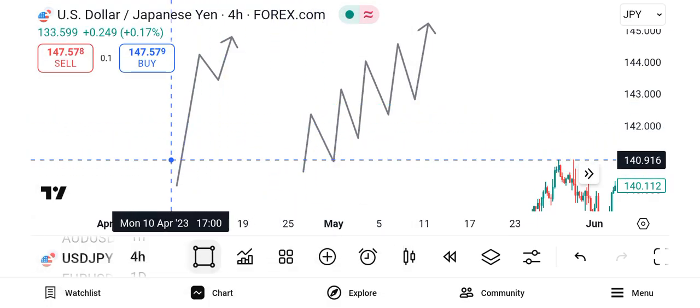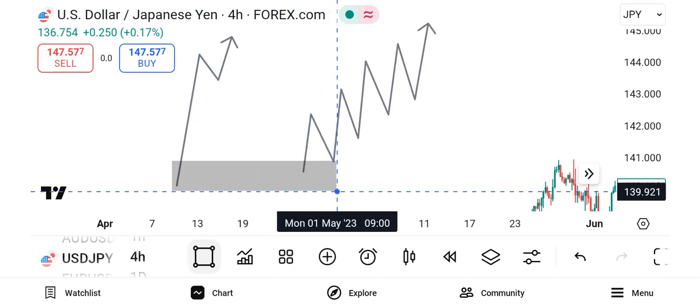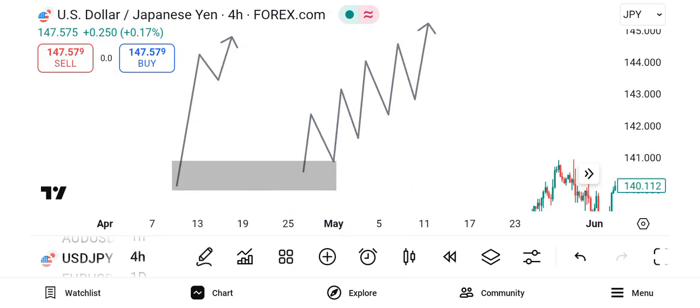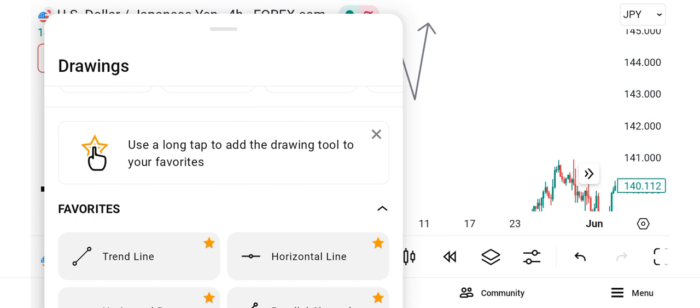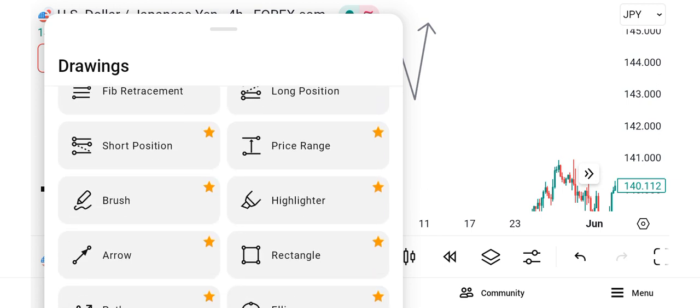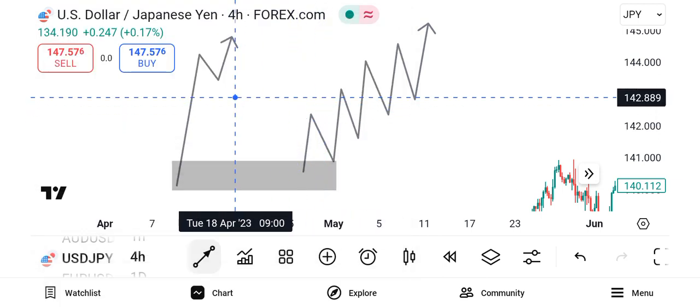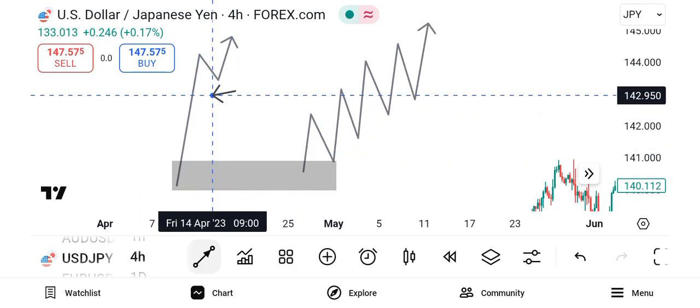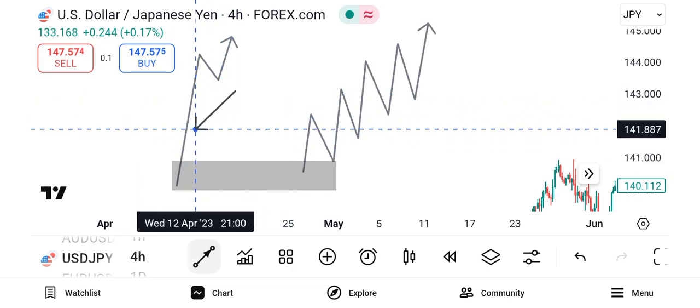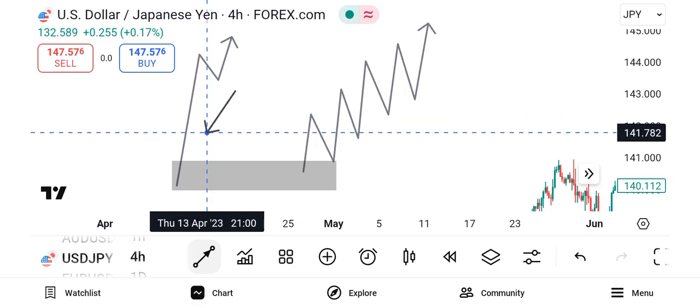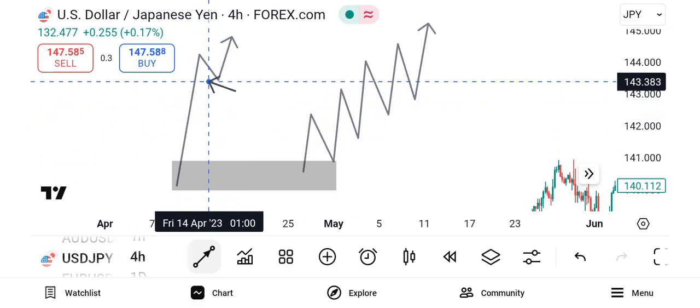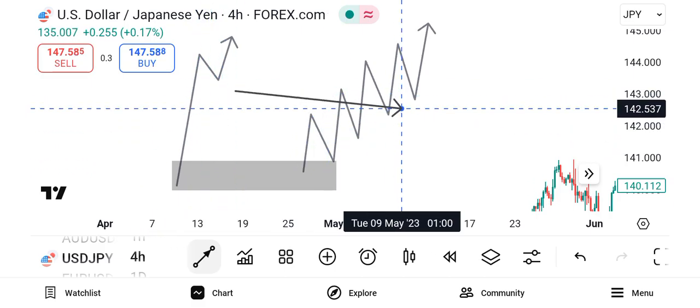We have this zone here now, so the market will still come to fill all this space you are seeing here, because the market doesn't like space. All these things are gaps, fair value gaps, and the market doesn't like inefficiency. The market moves in a swing, just like this particular one now.